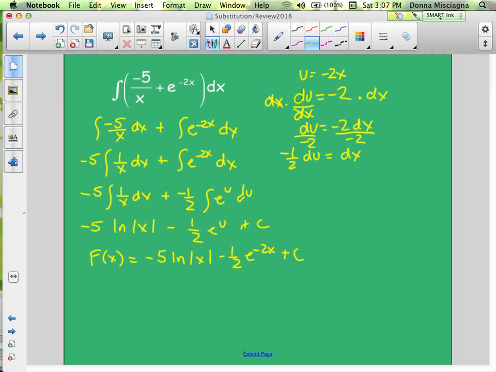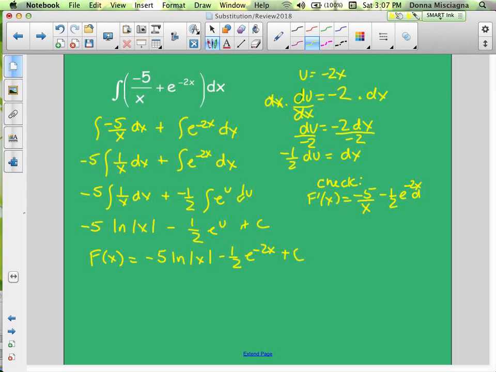All right, now let's check it by taking the derivative. So that would be f prime of x equals, so we'd have the negative 5 times the derivative of natural log of x, that's 1 over x. So negative 5 times 1 over x is negative 5 times x. And then minus 1/2 e to the negative 2x, because e is its own derivative.